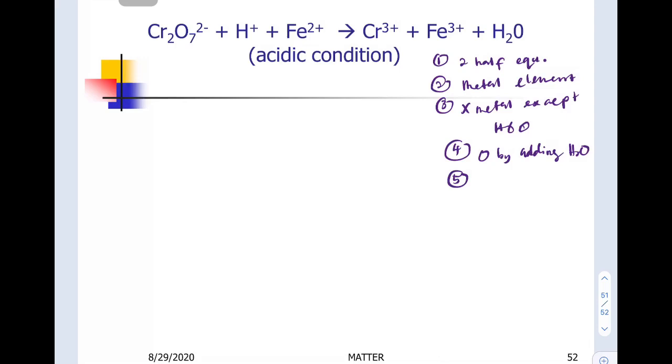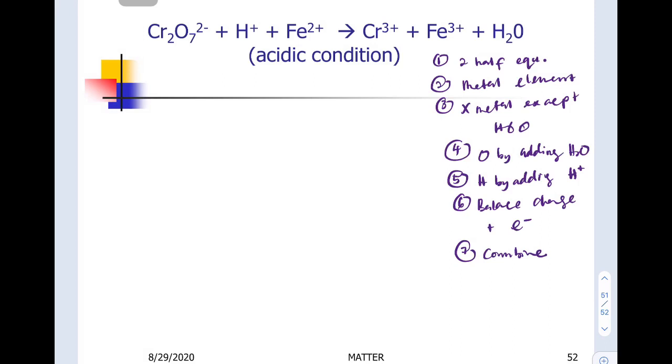And then we balance the hydrogen by adding H plus to the side that lacks it. The sixth step is to balance the charge by adding electrons. And finally, we can combine the two half equations.